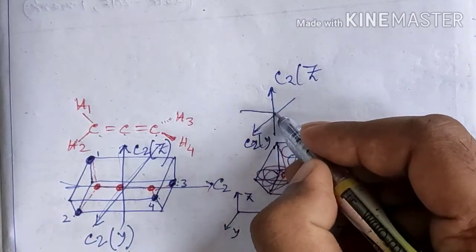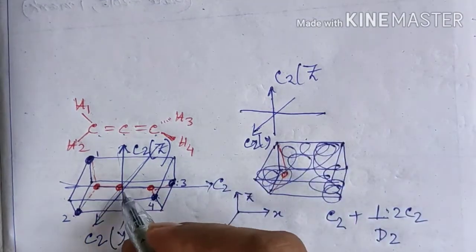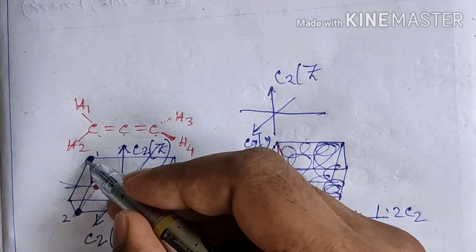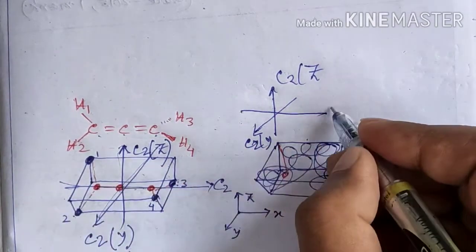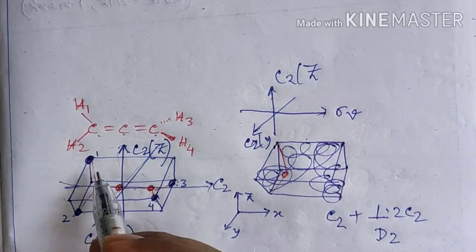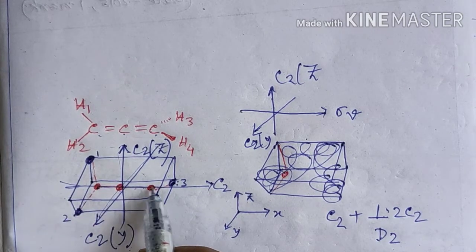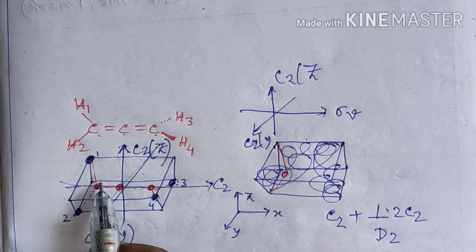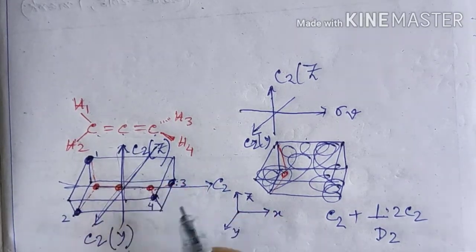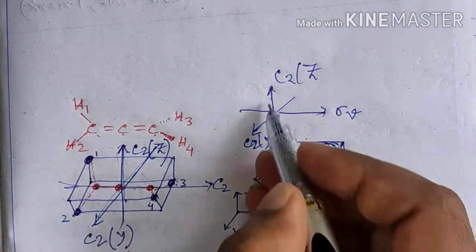This plane will contain these 3 carbon atoms and these 2 hydrogen atoms, and will bisect the angle between this CH and CH bond; that is 1 sigma d. And similarly there will be another sigma d plane which will contain hydrogen 1, hydrogen 2 and these 3 carbon atoms, and that plane will bisect the angle between these 2 C2 axes and also the angle between this CH and CH bond.